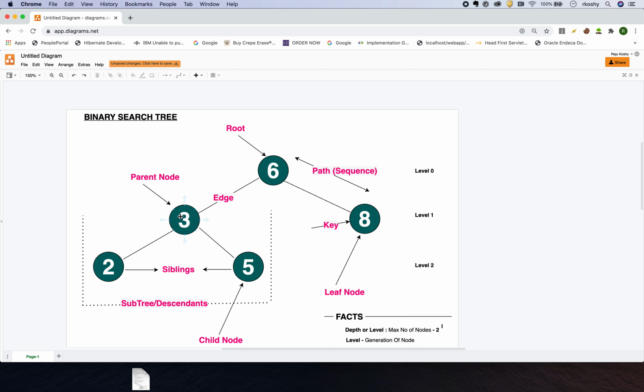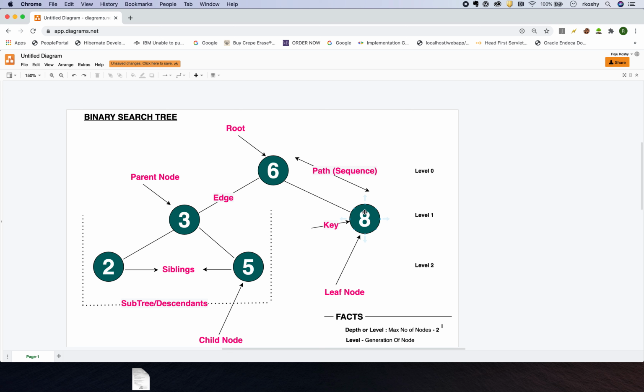The left side will always go for the smaller values. So if a 9 comes, it compares against 6, then it is pushed to the right side.